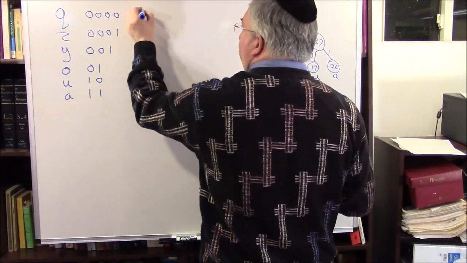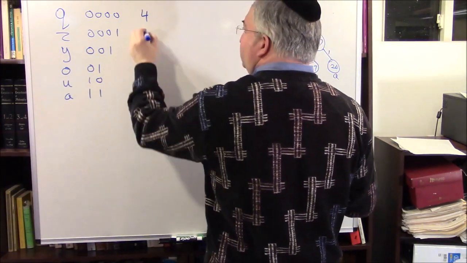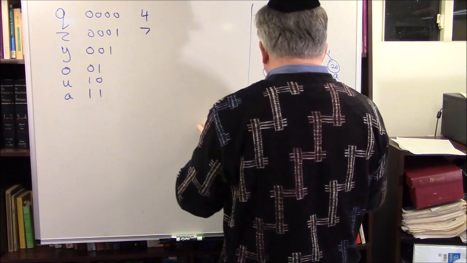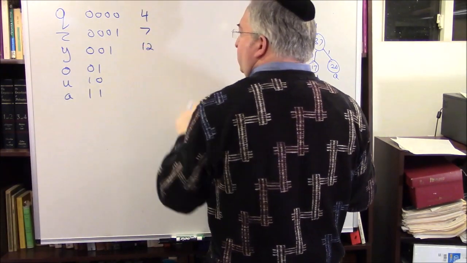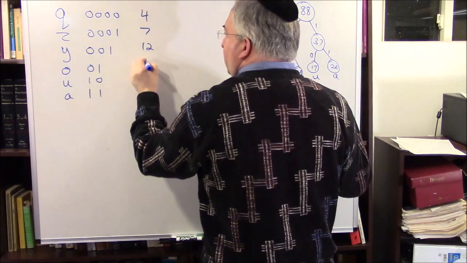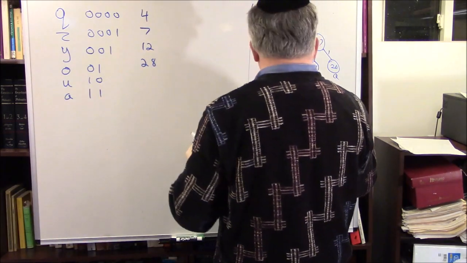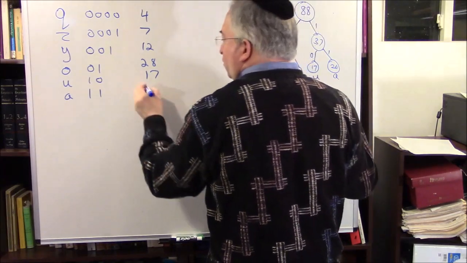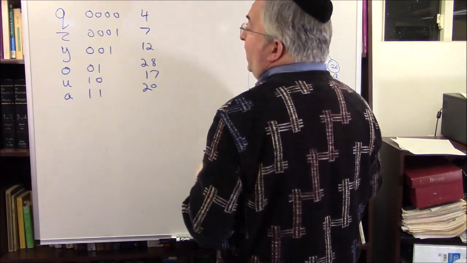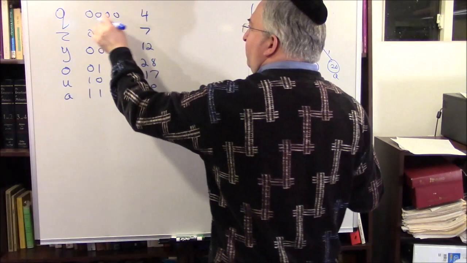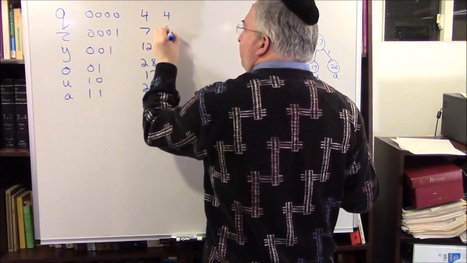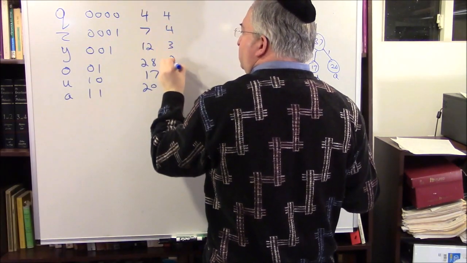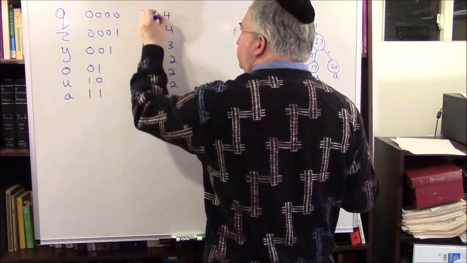Q had 4,000, Z had 7,000, Y has 12,000, O has 28,000, U has 17,000, A has 20,000. How many characters does each have? 4 characters, 4 characters, 3 characters, 2 characters, 2 characters, 2 characters.